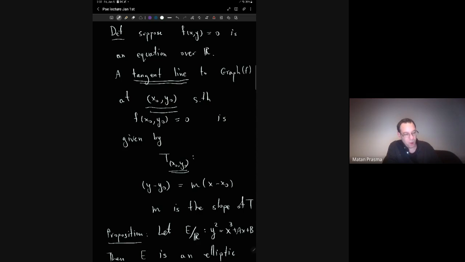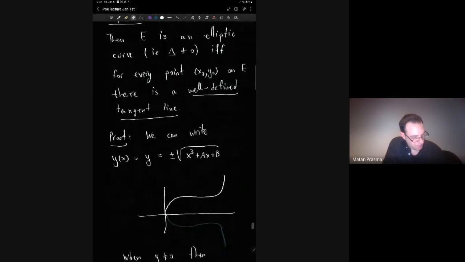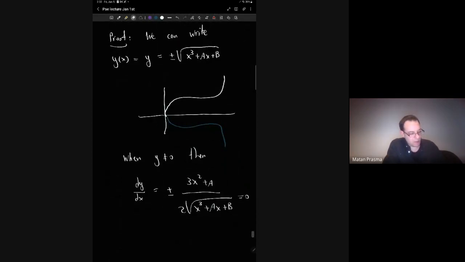And what I know in the tangent line is that the derivative, in this case where y is non-zero, I want the derivative of y with respect to x to be 0.